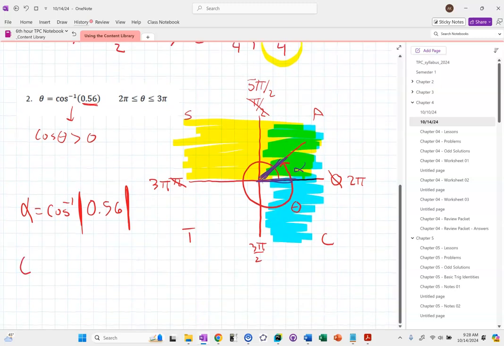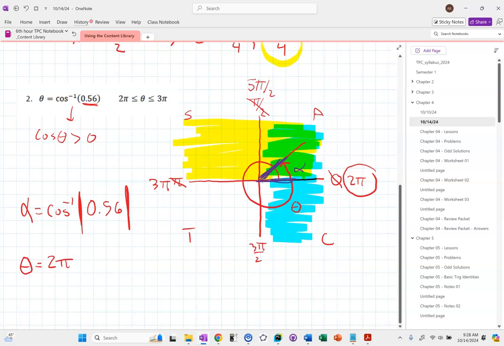All right, the last thing I need now is to write my equation for theta. The part of the x-axis that makes up my alpha is 2 pi.